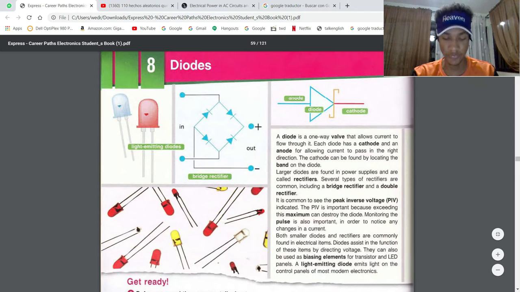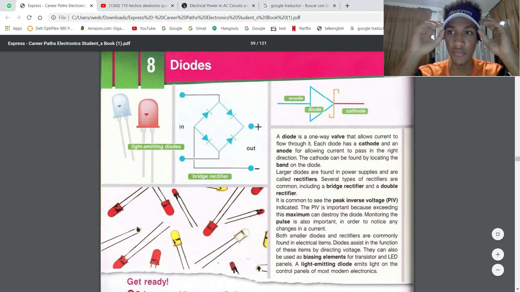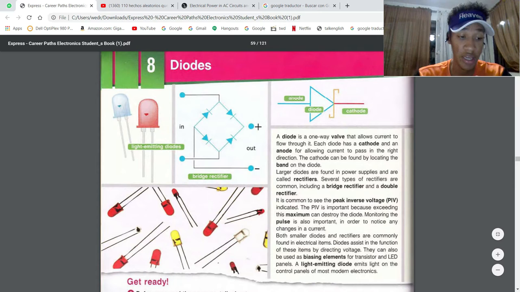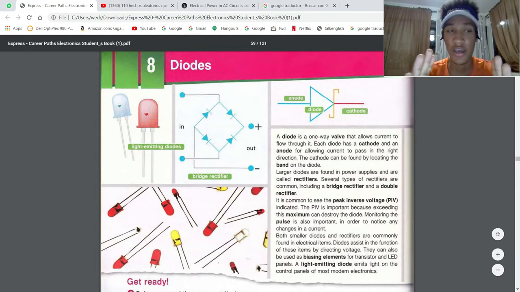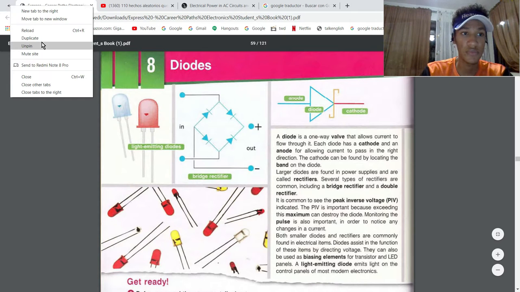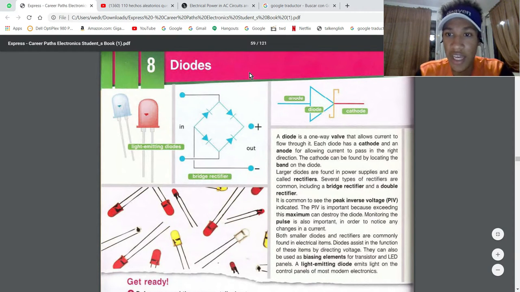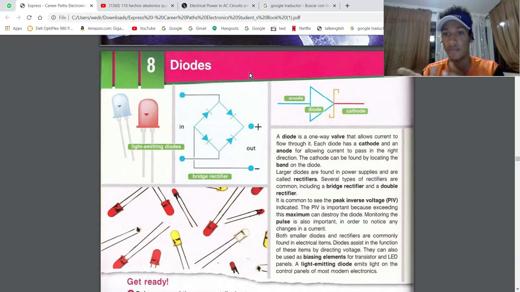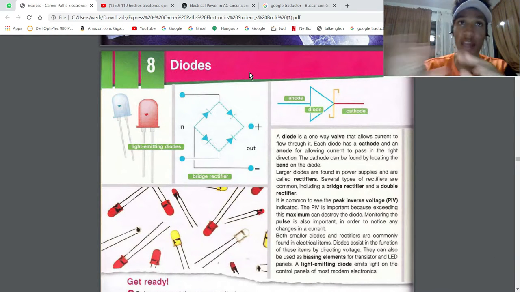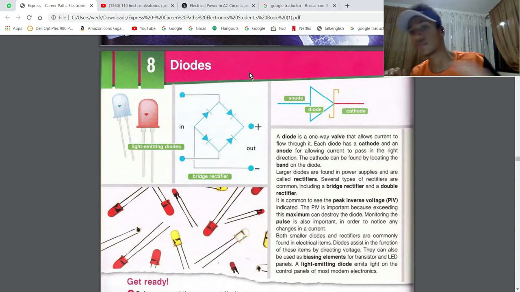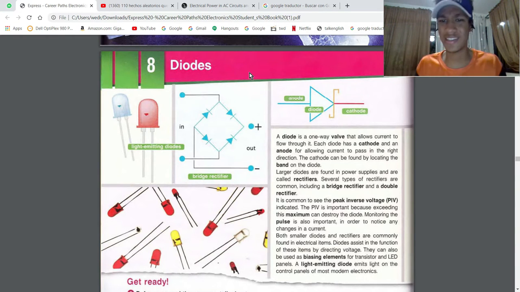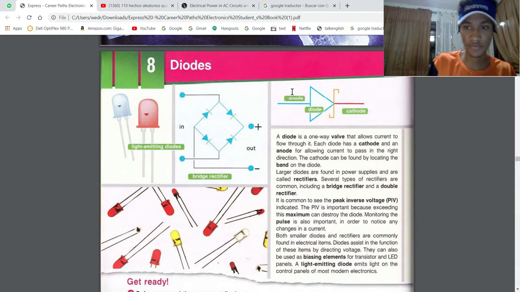A diode is an electric component, and its function is that you put the positive and negative in a diode, and the current can flow. Very easy. The current can flow depending on the configuration of the diode.